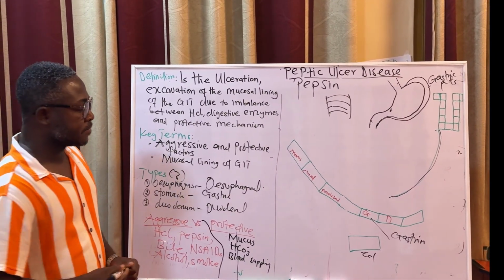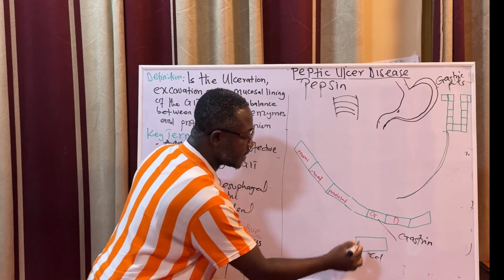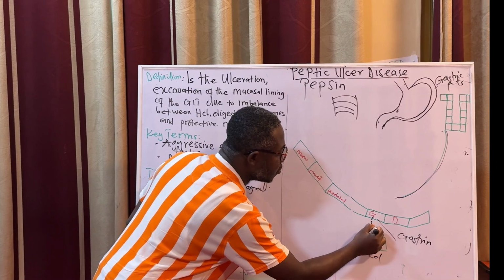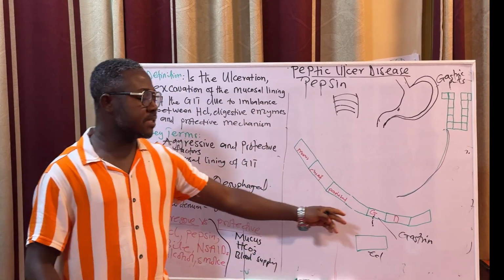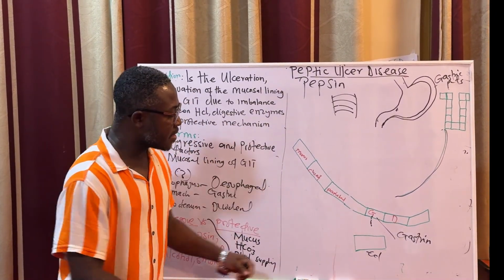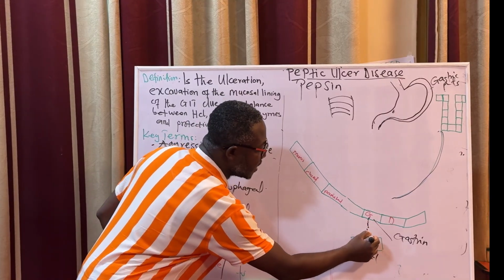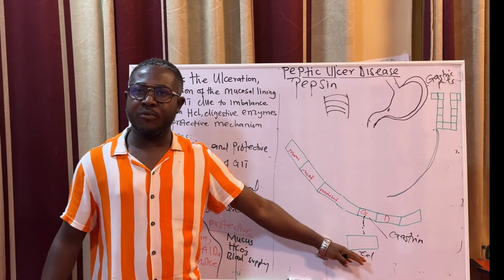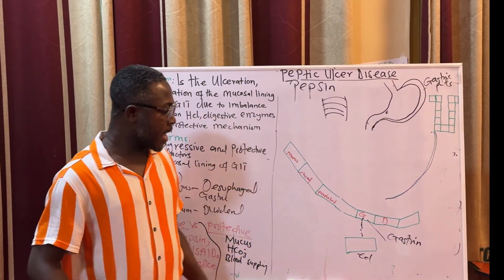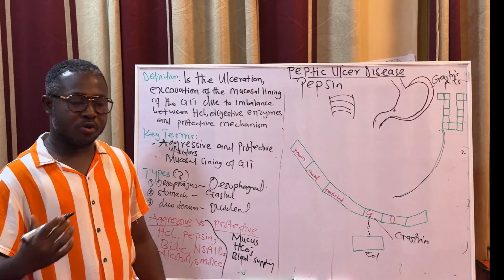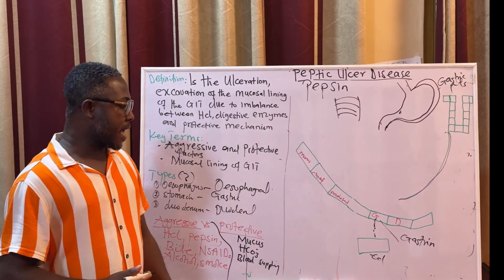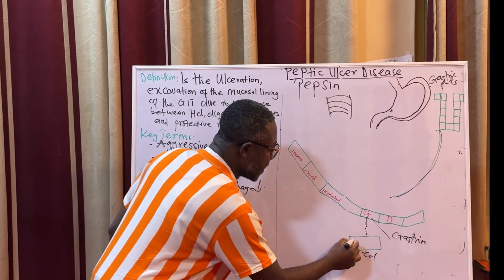The gastrin stimulates the ECL, the enterochromaffin-like cells. And the enterochromaffin-like cells will also release a certain hormone which is known as histamine.